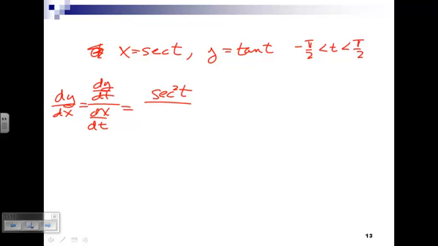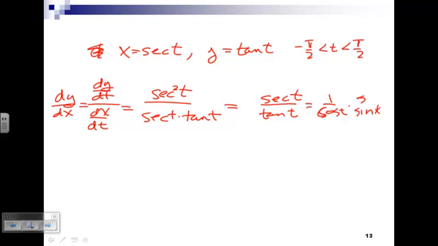And the derivative of x is secant tangent. So we end up with secant squared over secant tangent, which is secant over tangent, which is 1 over cosine t times sine on the bottom and cosine on top. We end up with 1 over sine, which is cosecant t.